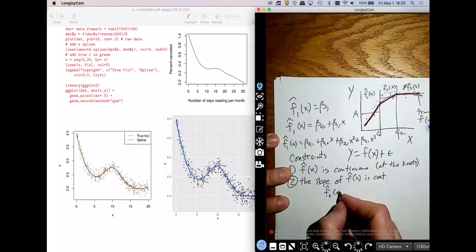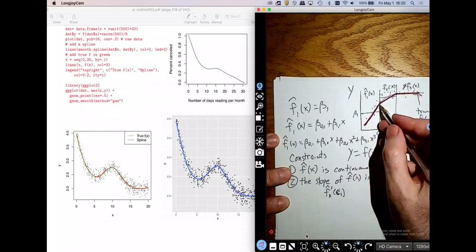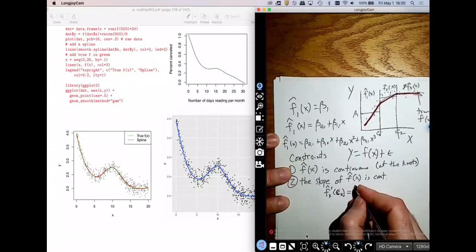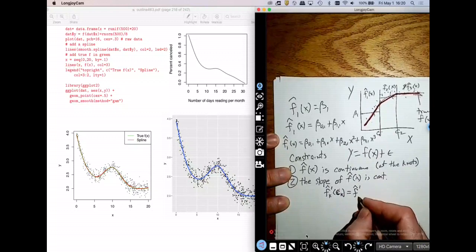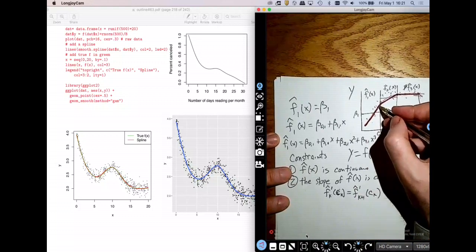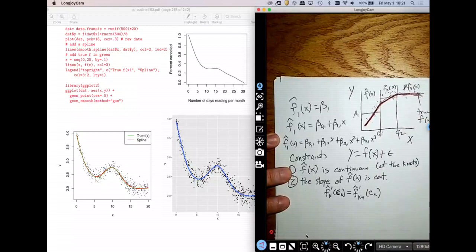So if I evaluate f hat k at C1, that's the derivative. The derivative of this function has to match the derivative of the next function, k plus 1, evaluated at ck. So in addition to having a continuous function, the slope has to be continuous. There can't be any discontinuous jumps.